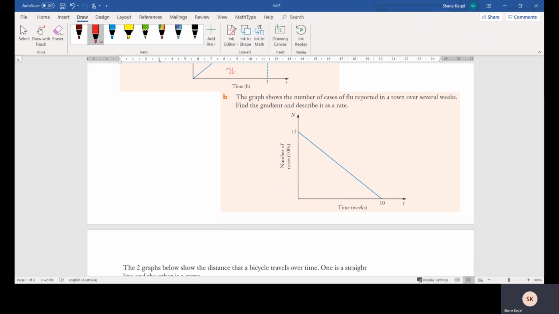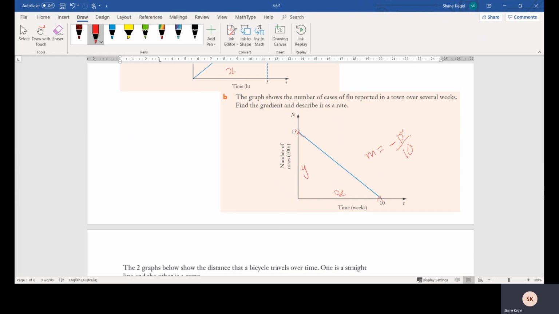So again, we're looking at a straight line here. So we're going to do our difference in y, divide our difference in x. So my gradient here equals, now we have a negative gradient, so I'm going to get a negative result. So I started at 15 up the top, I end at 0. So I've got negative, I moved 15 in the negative direction, and I moved across 10 weeks.